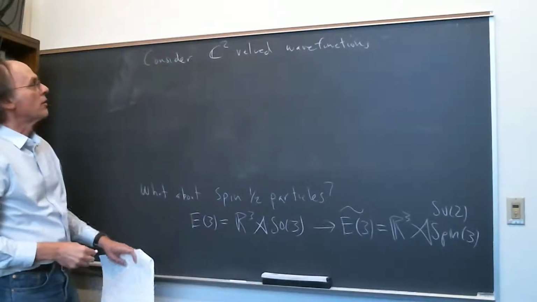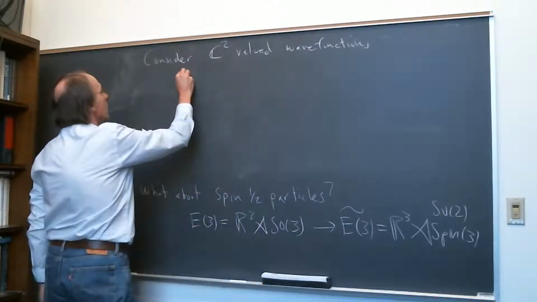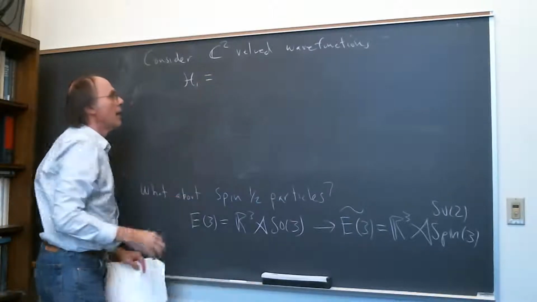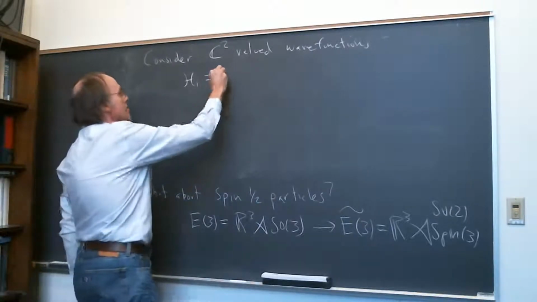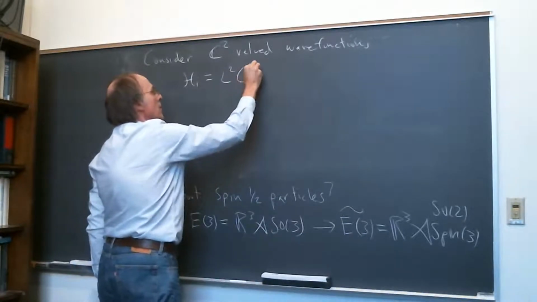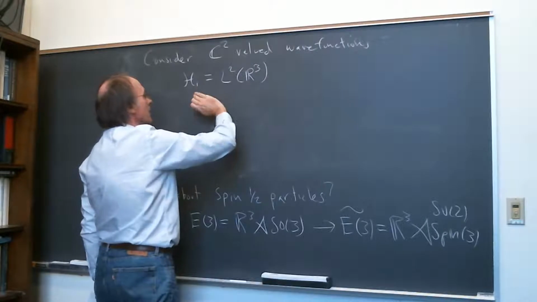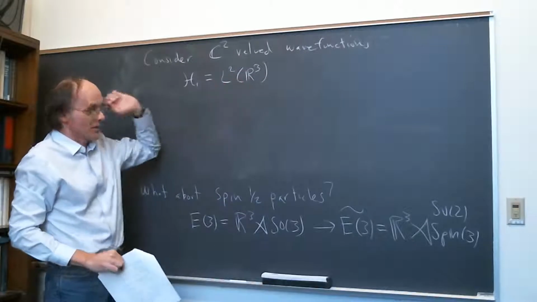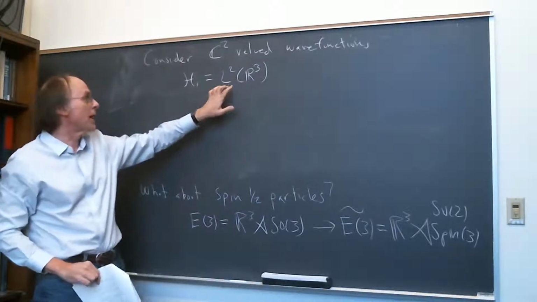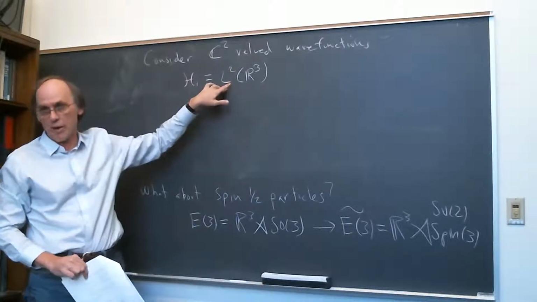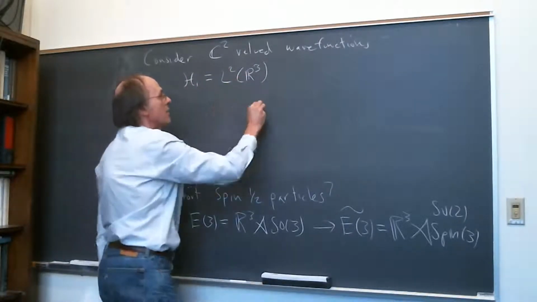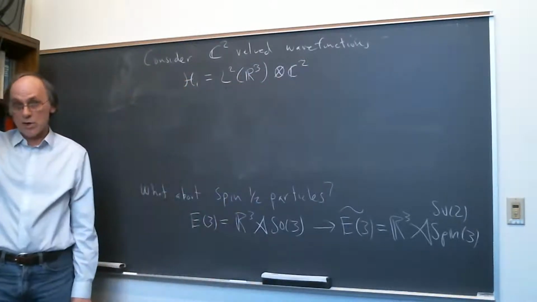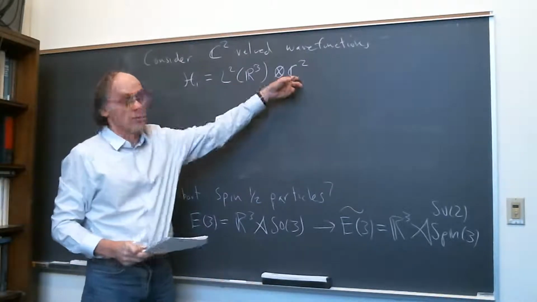So H1 is just going to be the same thing that we had. Well, I should even say not necessarily L2, but some space depending upon whether you might want this to be a short space, but the biggest one that's going to completely make sense is L2 of R3, and then if you want to take things that have two components, you can think of it as the tensor product with C2.